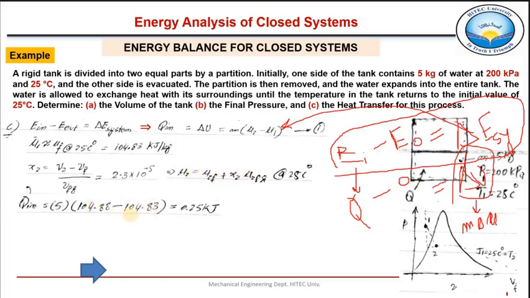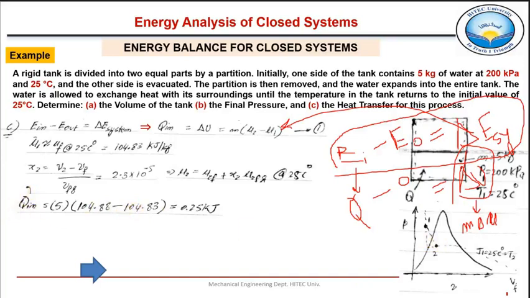You will see that u2 is 104.88, and u1 was 104.83. So the change in u is very, very small after the second decimal, because a very small amount of water is evaporated. That's why the change in delta U is very small too.